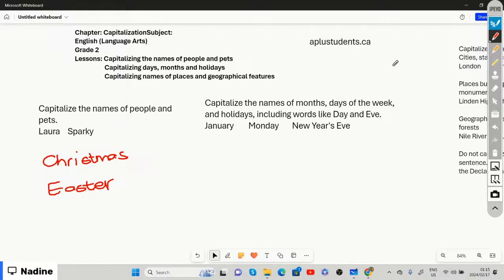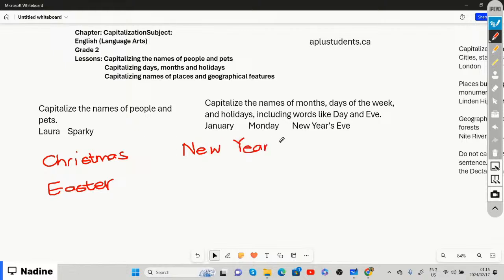But when we, for example, write the holidays, right, then we need to capitalize holidays. So you capitalize Christmas, you capitalize Easter. If we, for example, made mention of New Year's Eve, then we capitalize New Year's Eve, right?